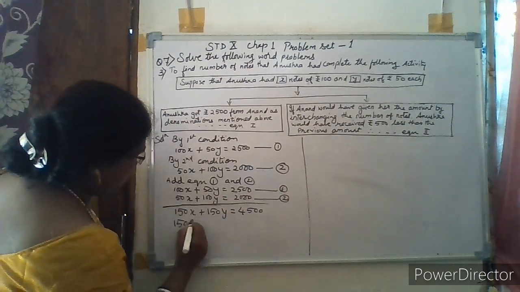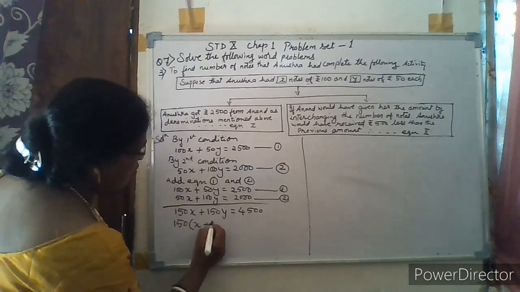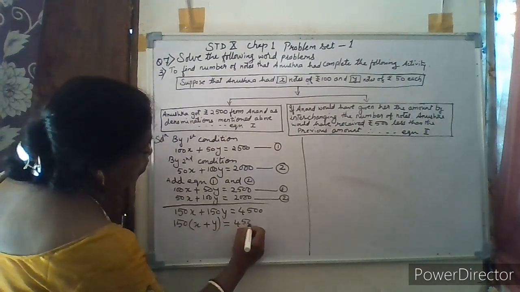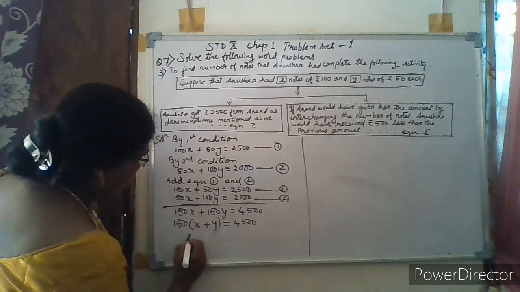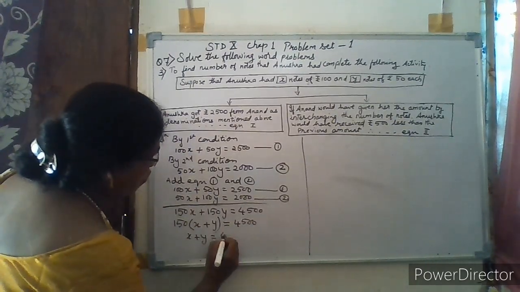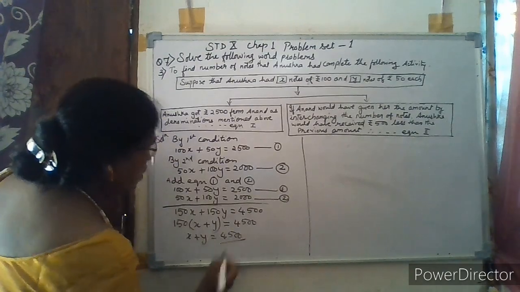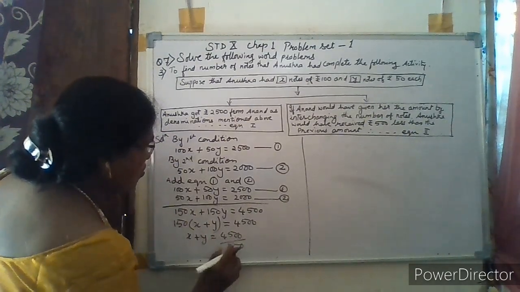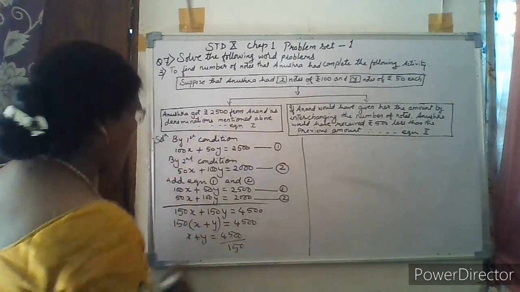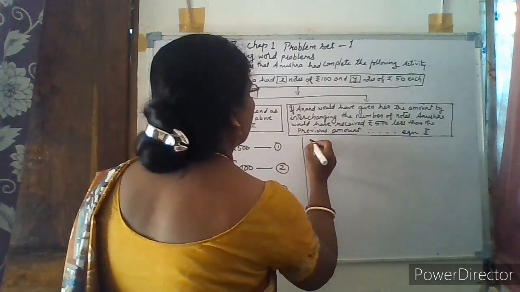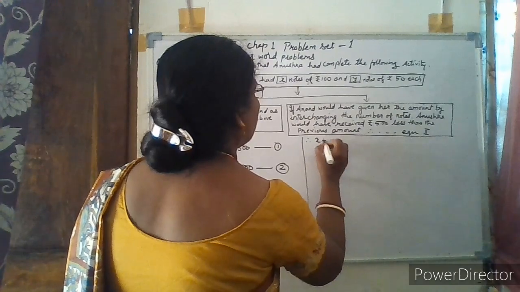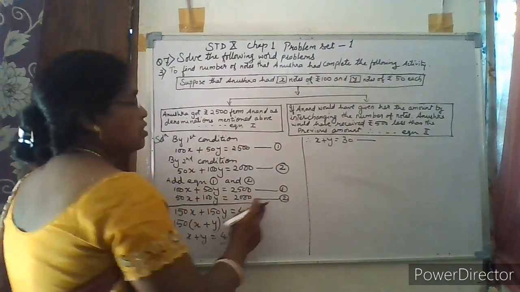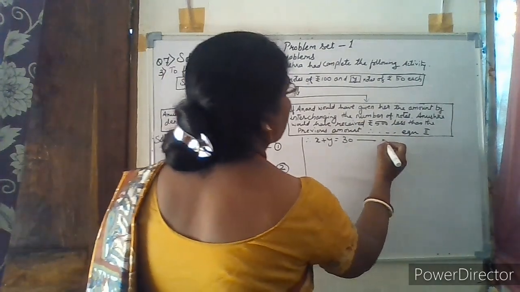So take out common 150, so it will be x plus y is equal to 4500 divided by 150. 0, 0 cancels. 15 ones are 15, 15 threes are 45. x plus y is equal to 30. Let us take this simple linear equation as equation 3.